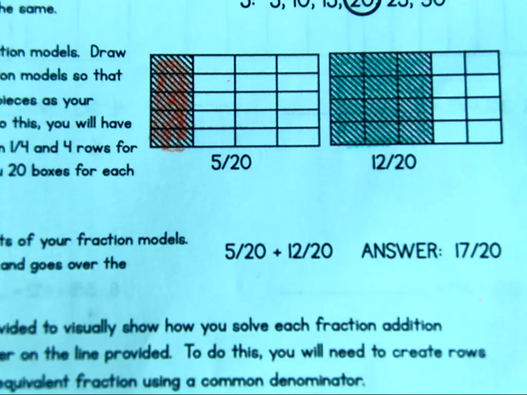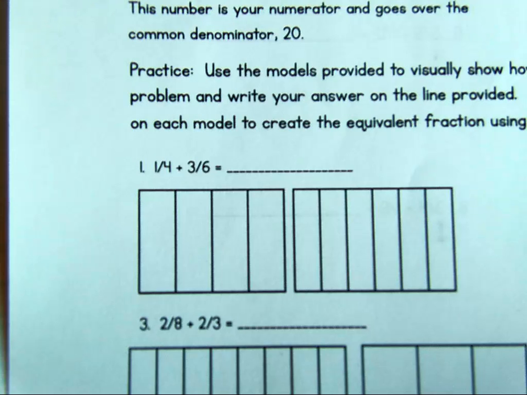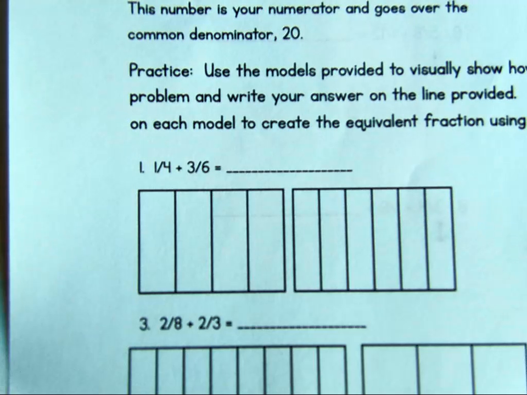Okay, let's try another one. 1/4 plus 3/6. So the 4 tells me how many pieces I'm going to cut this rectangle into. On this paper, it's already been done for you, but in the future, you're going to have to know that you would draw a rectangle and cut it into 4 pieces. And then we look at our second number, and we have 3/6.